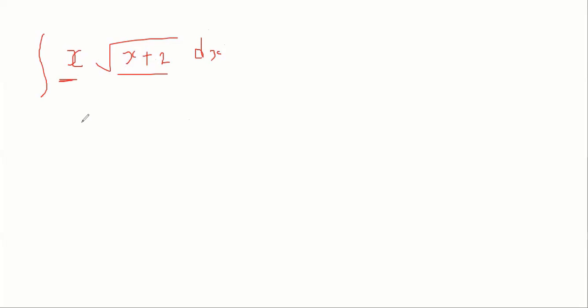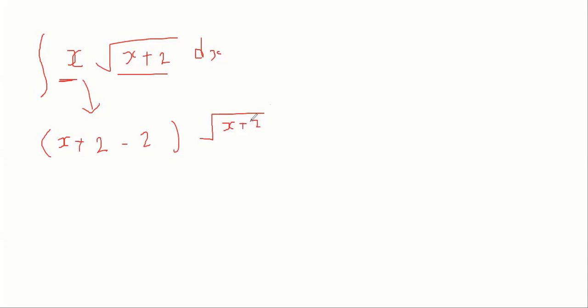Check how. I write the initial x as x plus 2 minus 2. So this x I wrote as x plus 2 minus 2, and then we have root of x plus 2. Agree?